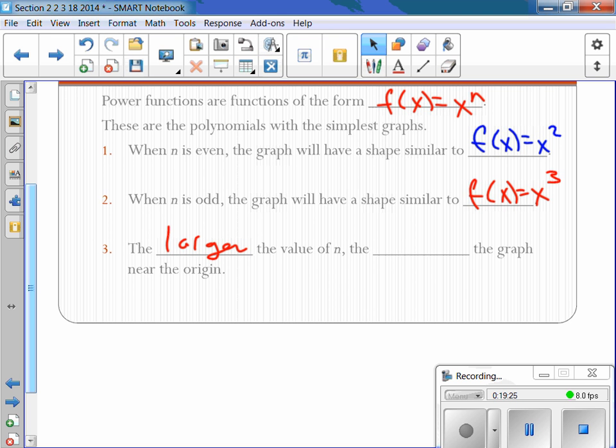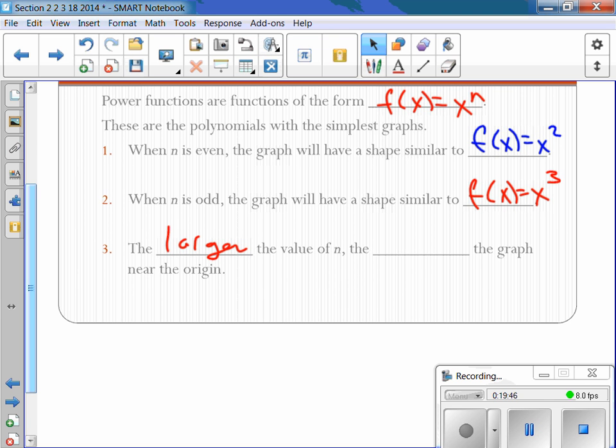Well, when you get closer to the origin, what are those numbers? Those numbers are fractions now, right? So 1/2 cubed, is that smaller or bigger than 1/2 to the 7th? Right, the larger the exponent, when I'm dealing with fractions, that number is getting really, really small.